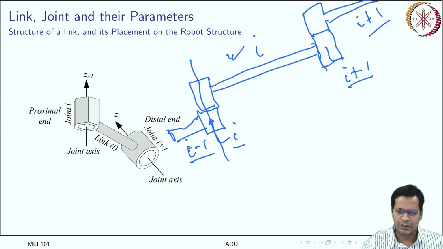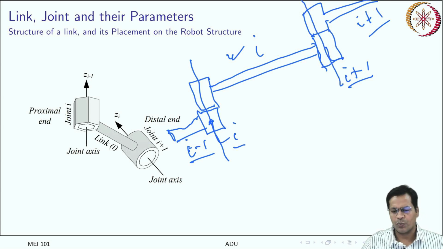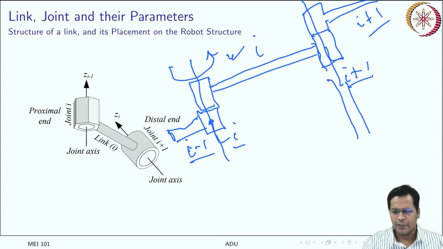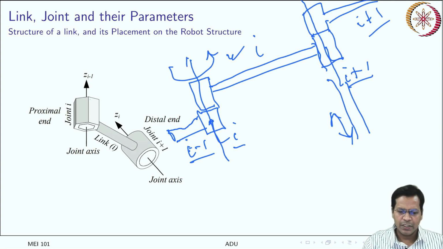This is one axis, this is the second axis, and so on and so forth. So that keeps on going. These may be a revolute kind of joint, or it can be a prismatic joint which can move in this direction. So the next link connected to this may move like this. In either way, these axes are all placed with z axis.